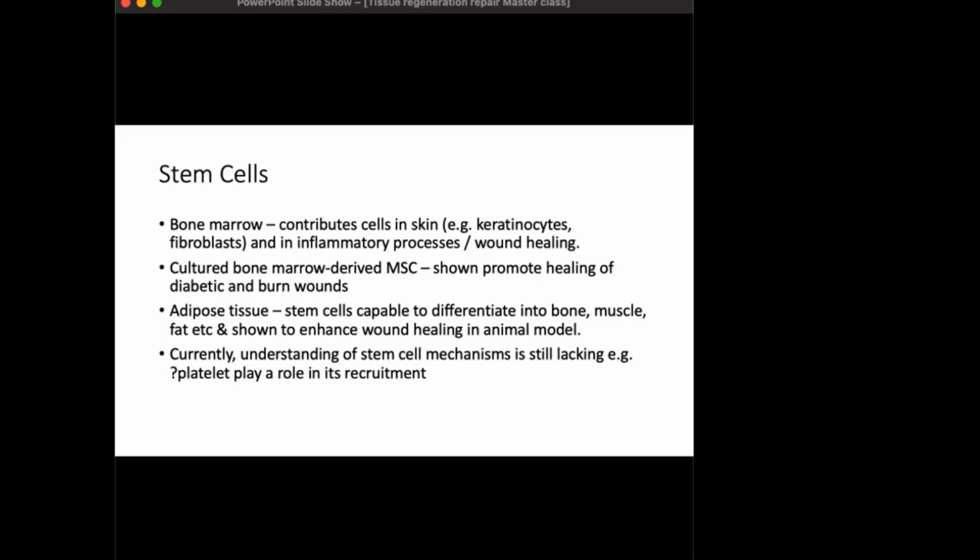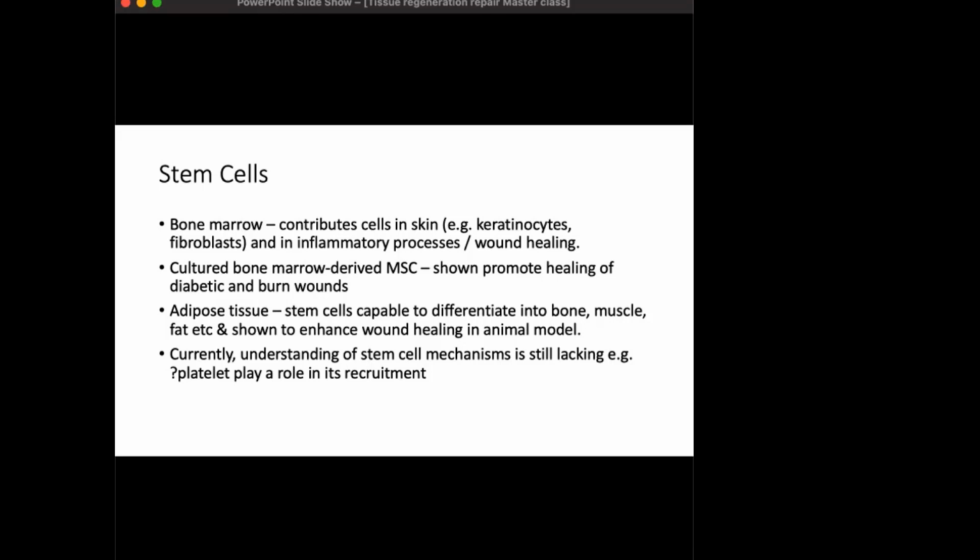Another source of stem cells is adipose tissue, which also has lots of capability to differentiate into all or most types of tissues, and has been shown in animal models at least to enhance wound healing. However, our understanding of the exact mechanism of the stem cells is still lacking.